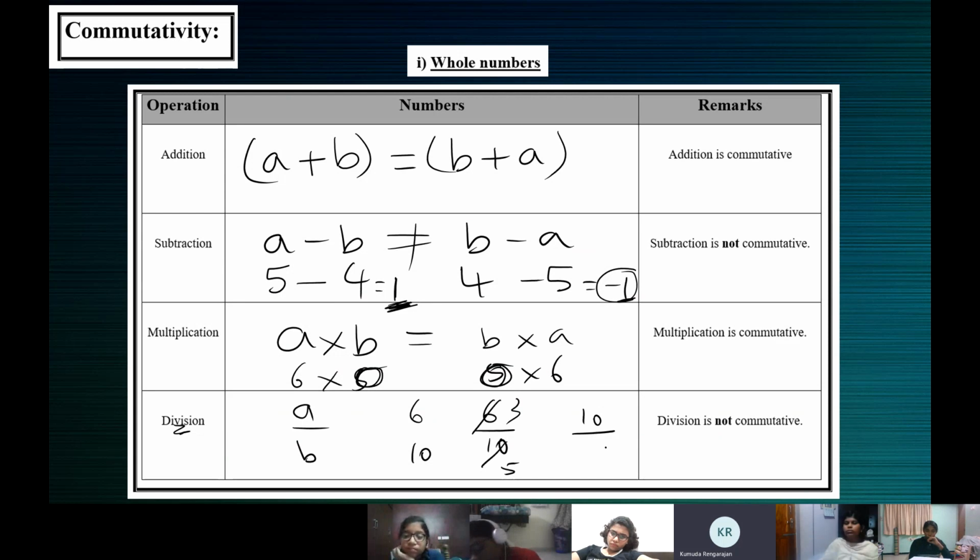But when you do B by A, you get 5 by 3. So whole numbers are not commutative under division. 6 by 10 is not the same as 10 by 6.